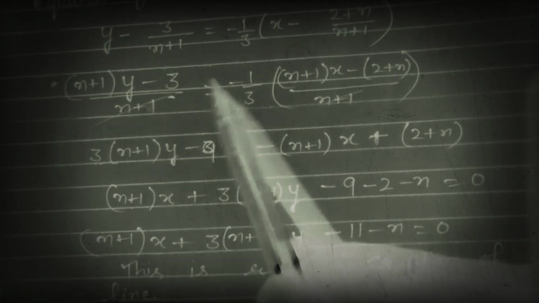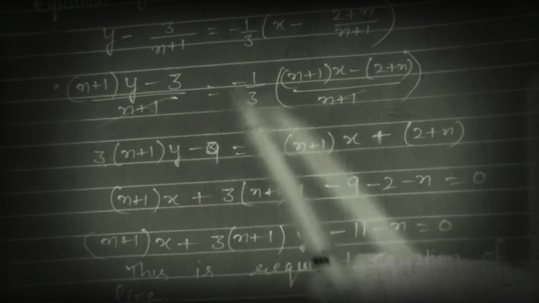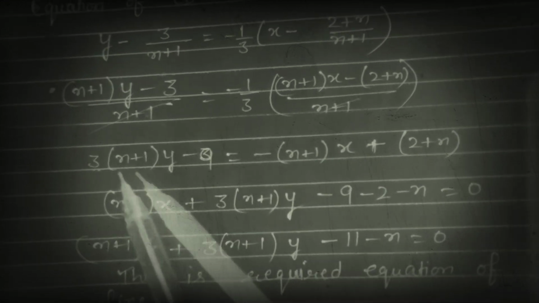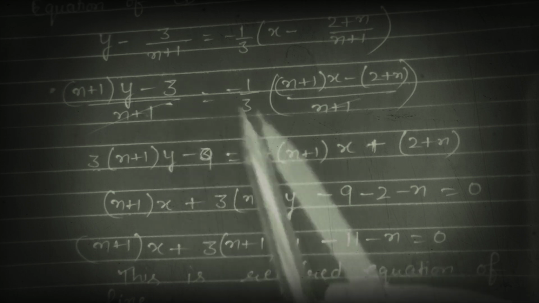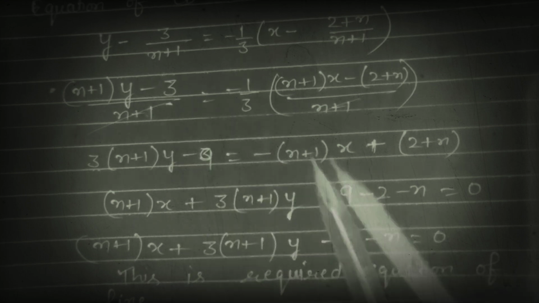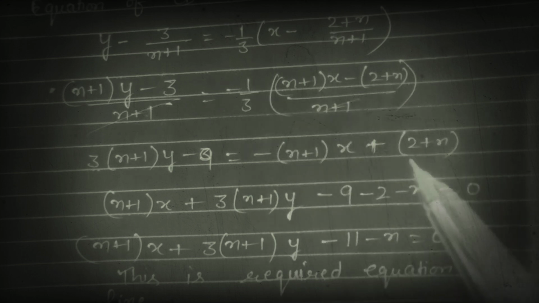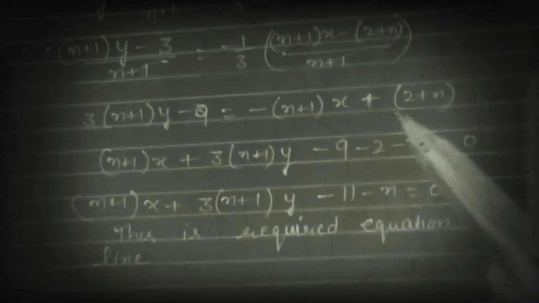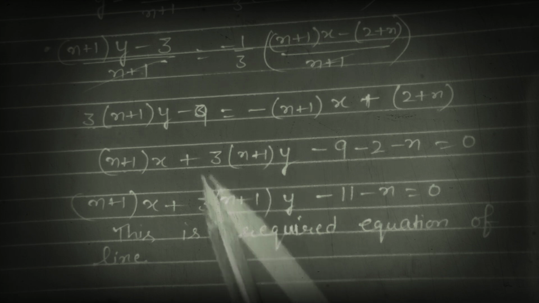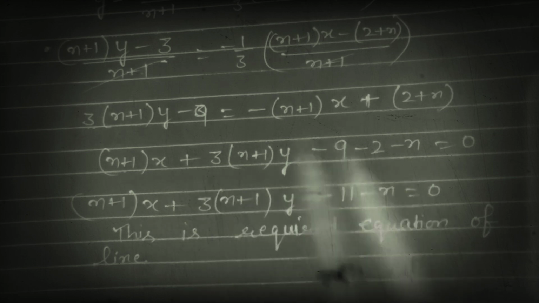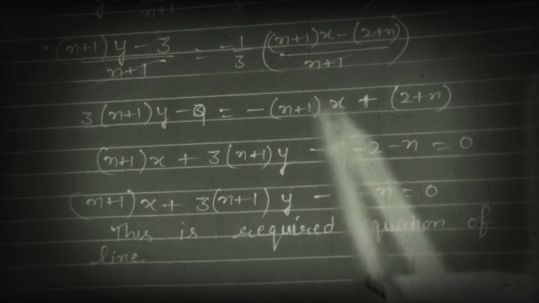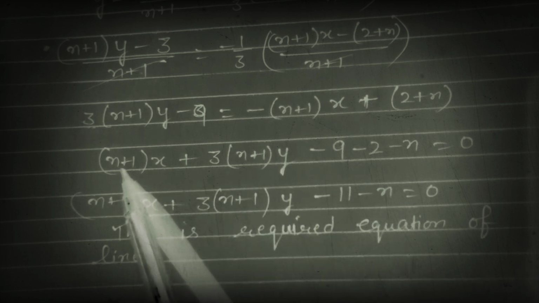So n plus 1 cancels with n plus 1. Then we will multiply by 3 on both sides. So it is 3 into n plus 1 y minus 3, 3 3s are 9, equal to minus of n plus 1 x minus into minus plus 2 plus n. Then we will take x and y on one side and the constant also. So n plus 1 x is negative here, it will be positive on the left hand side.